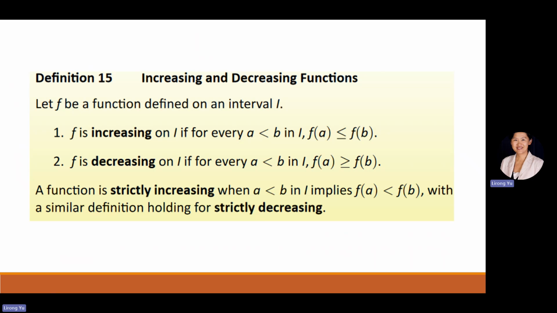Then we would say the function is increasing. And we say the function is decreasing on the interval if for every pair of numbers a and b, where a is smaller than b, we pair the left and right, a smaller number on the left and a bigger number on the right, and they always end up with the smaller x having a bigger y, and the bigger x having a smaller y. Then this function must be decreasing.